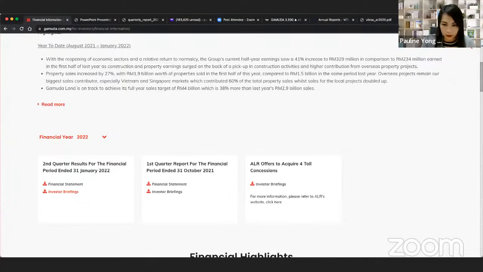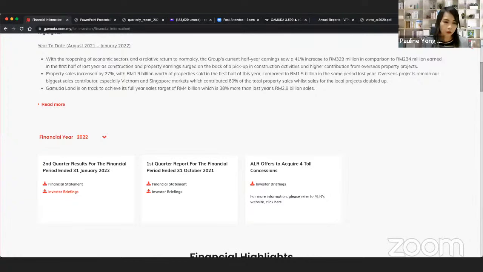Then the second quarter, November, December, January, will end on January 31st. So therefore you are looking for this second quarter ending in January 31st.